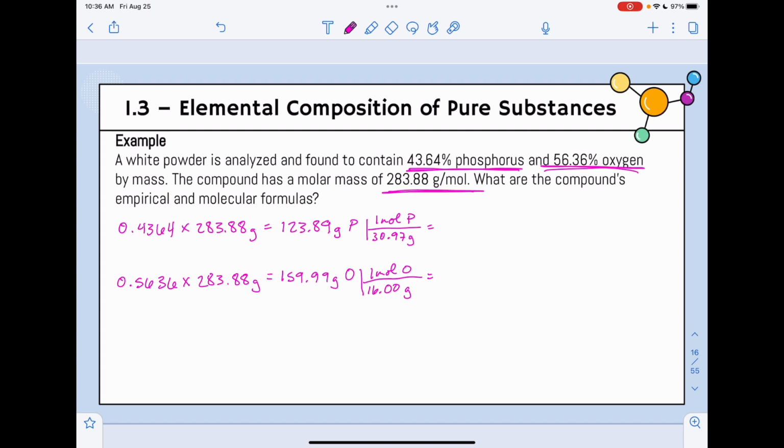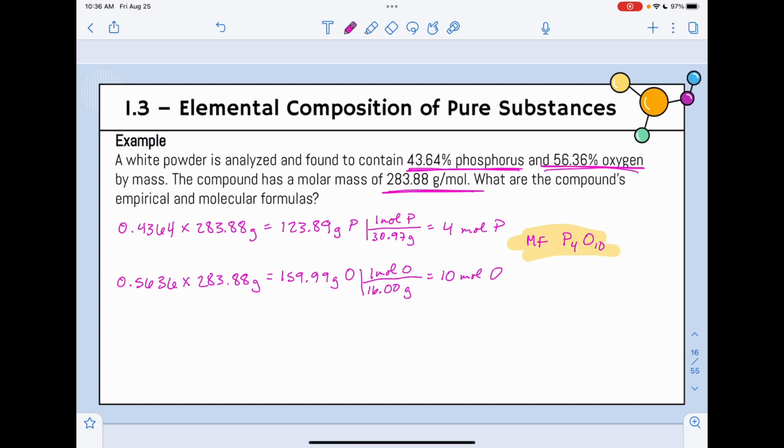So I have 4.000, so 4 moles of phosphorus. And I'm going to do 159.99 divided by 16, which gets me 9.999, so 10 moles of oxygen. So again, doing this method gave me my molecular formula first, which would be P4O10.